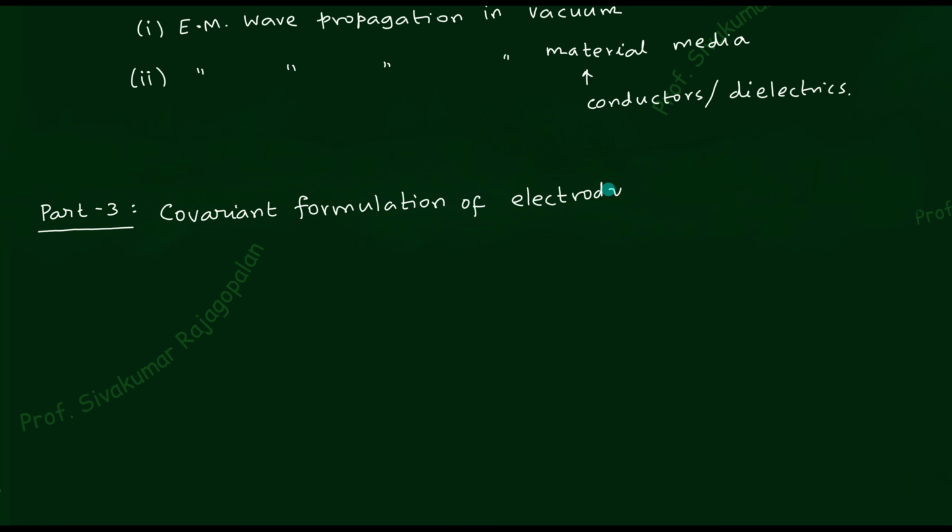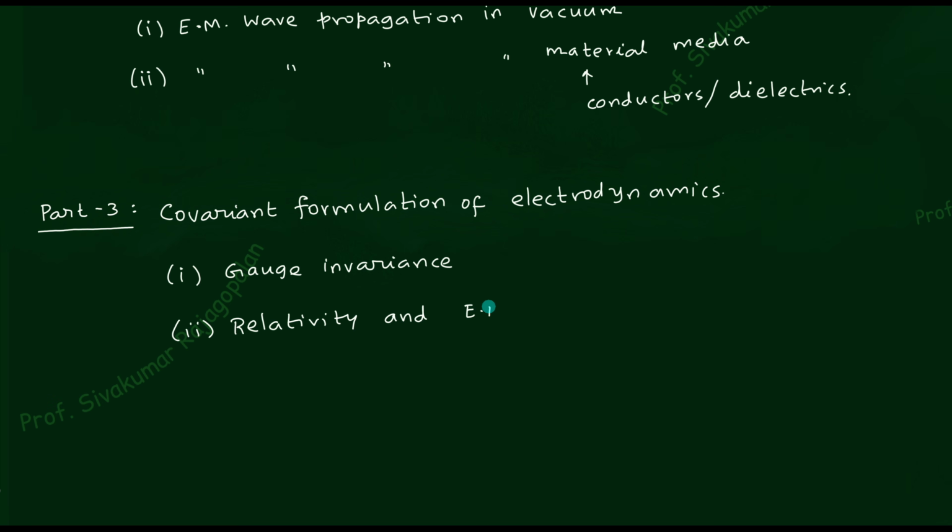Under that, I don't want to list everything, but mainly you will be studying gauge invariance, which means we will be studying how relativity and electromagnetism are connected. What is the connection between relativity and electromagnetism? That is what we are going to study.